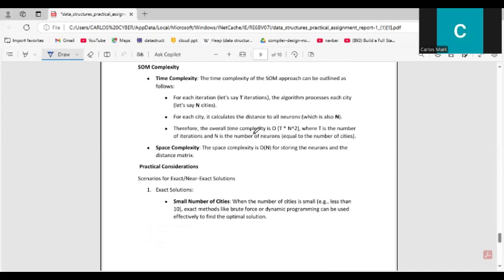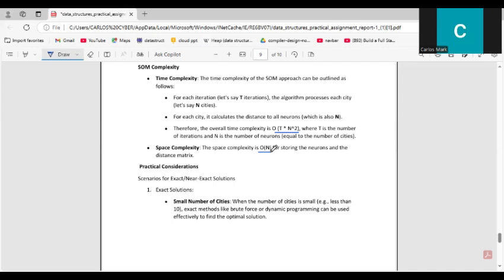Therefore, the overall time complexity of the self-organizing map will be T, the number of iterations, times N squared, where N is the number of neurons. So compared with the nearest neighbor's n squared, it is arbitrarily higher, but they have the same space complexity of N. Here N represents neurons, since for each city we mark each city as a neuron.